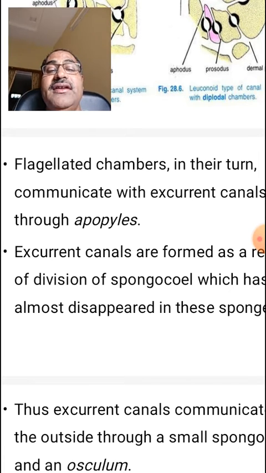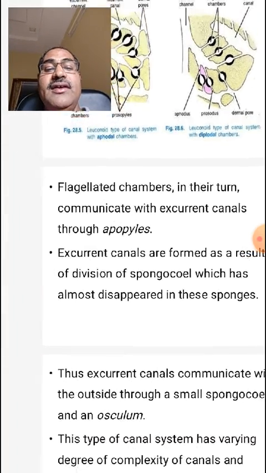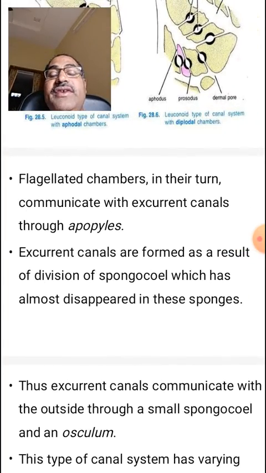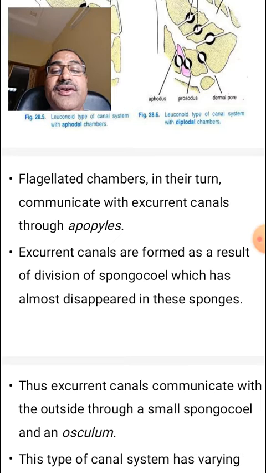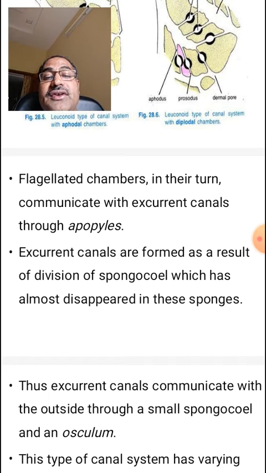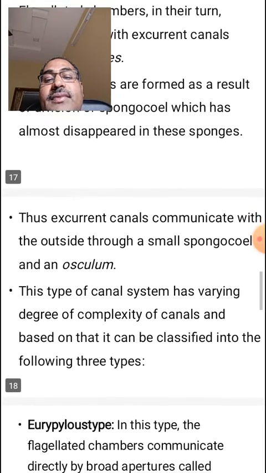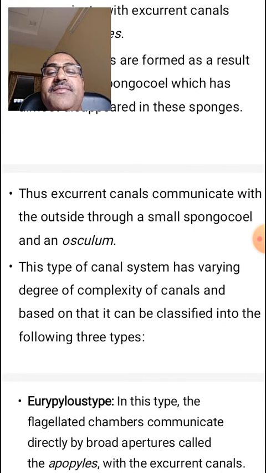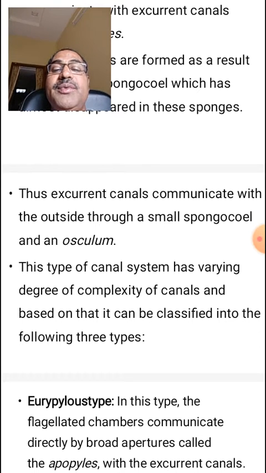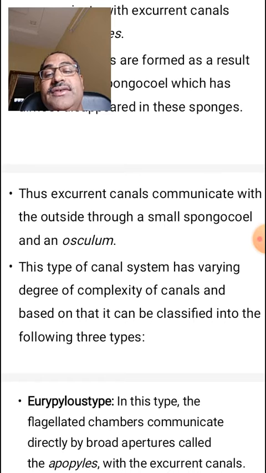The excurrent canals are formed as a result of division of the spongiocele, which has almost disappeared in these sponges. Thus, the excurrent canals communicate with the outside through a small spongiocele and an osculum.